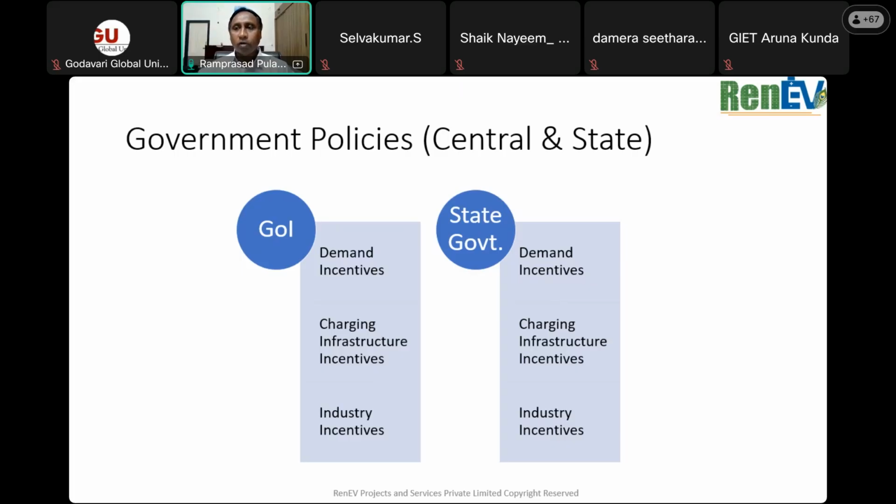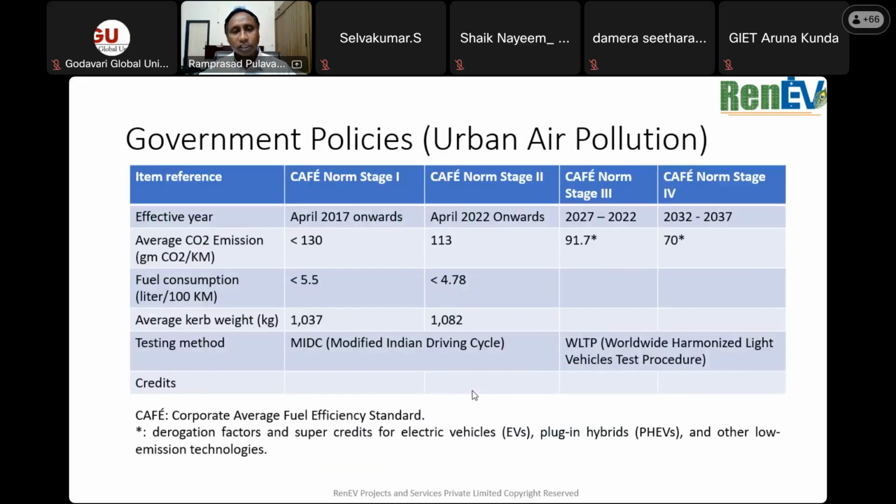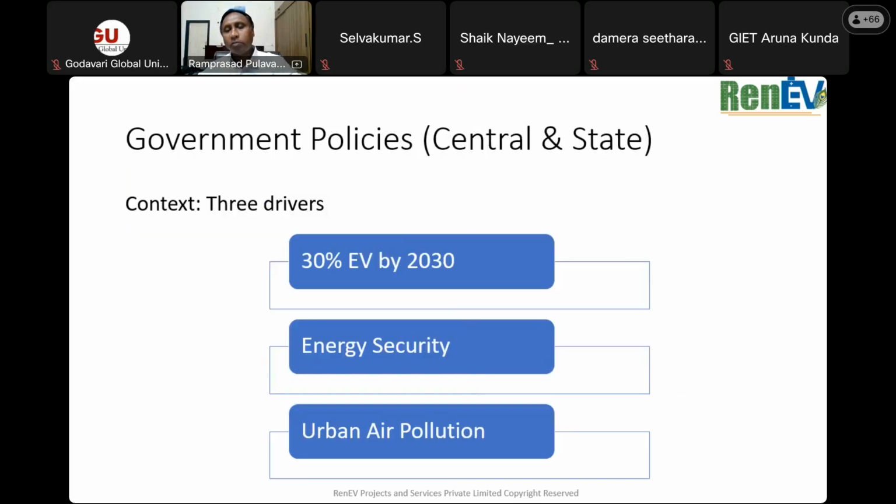But both are trying to achieve a transition of purchase choices available to the consumer. They want the consumer to move away from ICE engines to an EV or an alternate technology, so that they are able to address certain core issues, especially urban air pollution.